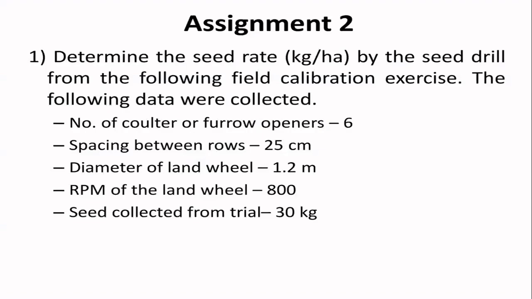RPM, what is RPM? Revolutions per minute. RPM is a rotating speed. In one minute, how many rotations? In one minute, 800 rotations. How do you measure the length of travel? Then RPM is needed.